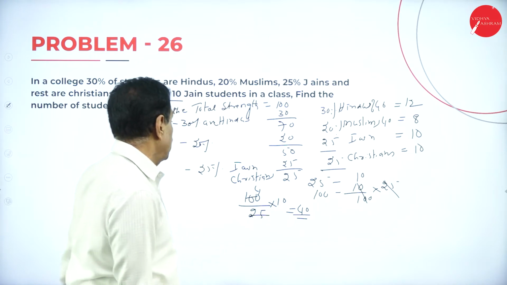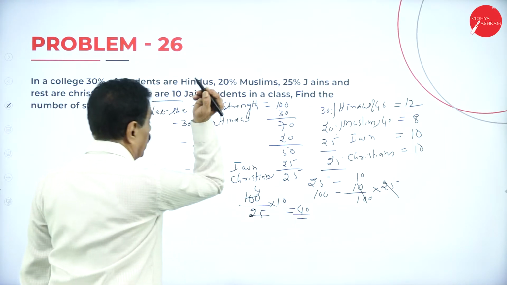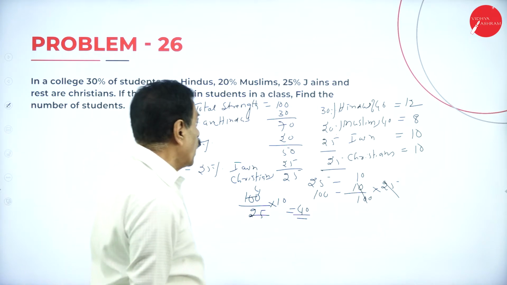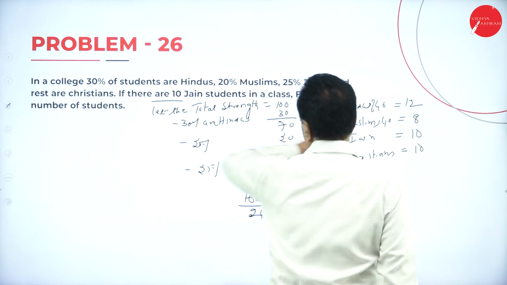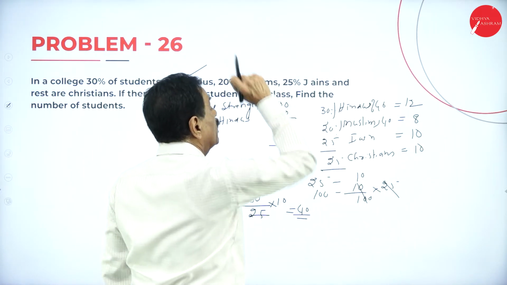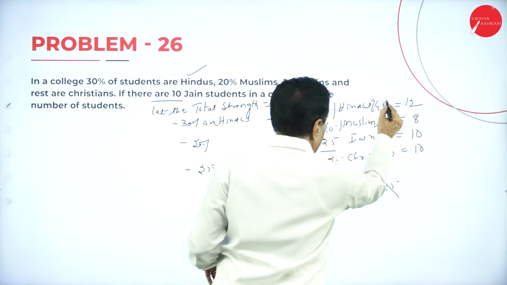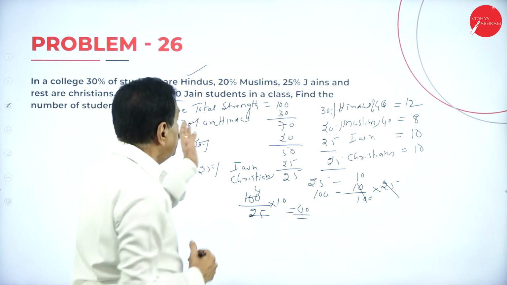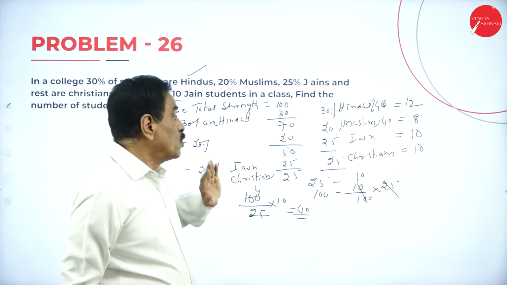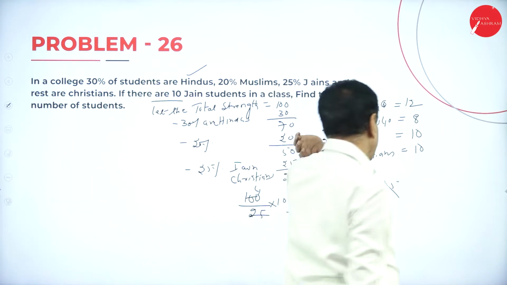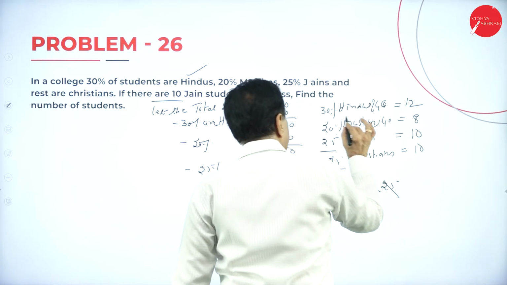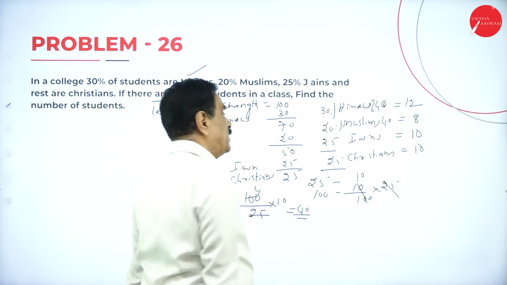So 25 is equal to 10, and for 100 how much? 40 students are there. Out of 40, 30% are Hindus, which is 12. 20% are Muslims, which is 8. 25% are Jains, which is 10.